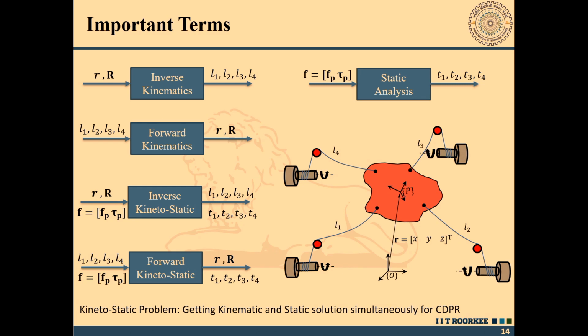Then similarly, we have the forward kineto-static problem where we are given the cable lengths and the forces and moments acting on the platform, and again we are interested in finding out the position and orientation of the mobile platform and the tension in the cables. And if we talk about just simple static analysis, I am interested in finding out, if certain forces and moments are acting on the platform, what the tensions in the cables are going to be.